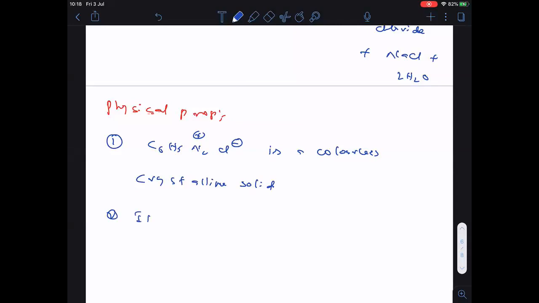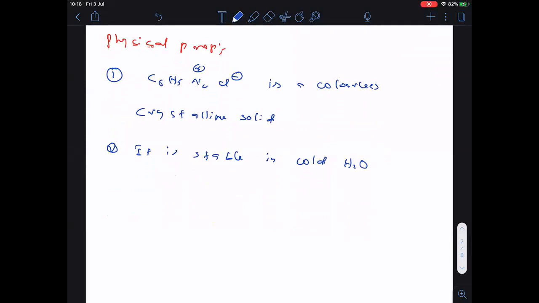Clear? And remember everyone, it is stable in cold water. That means it does not react with cold water.